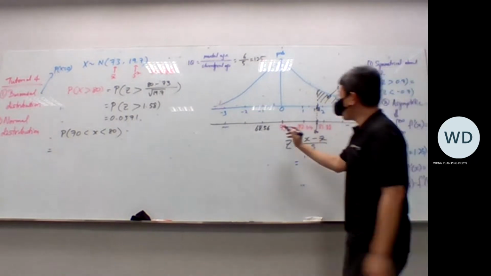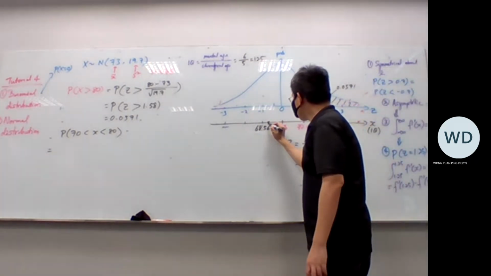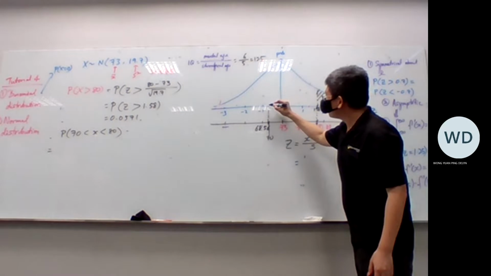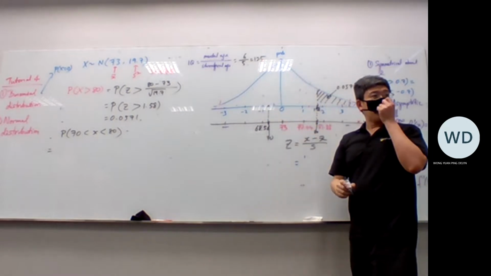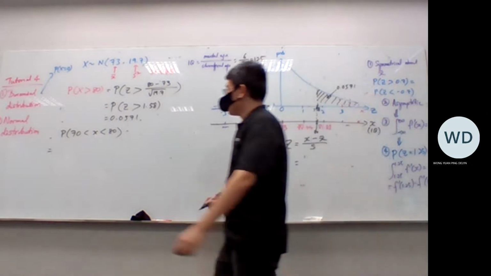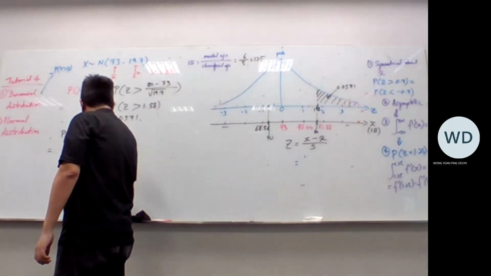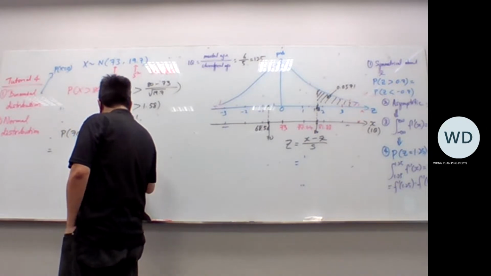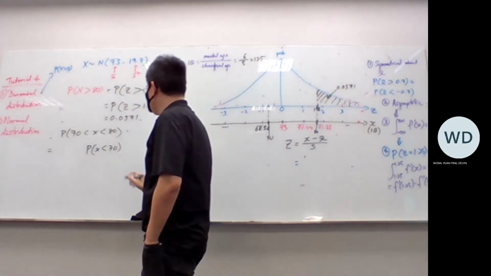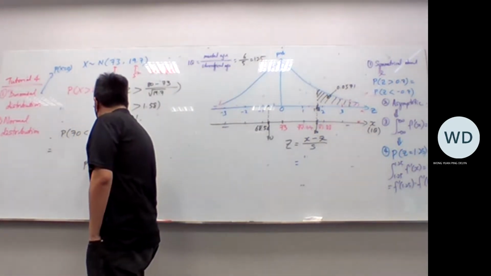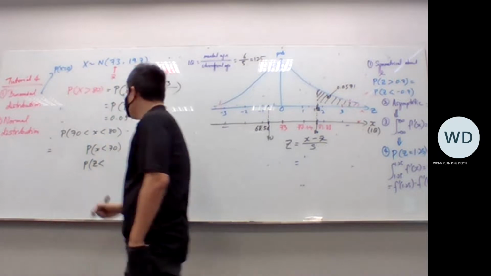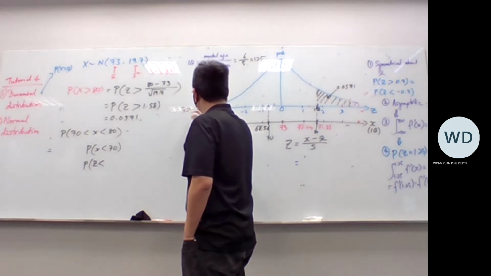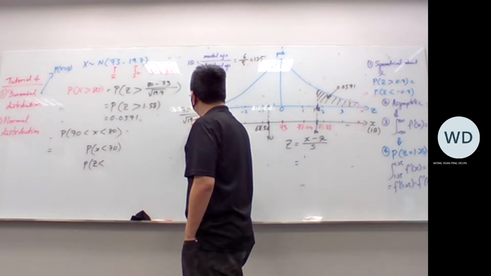We want from 70, which is somewhere here. We calculate the equivalent of this value. You take 70 minus 73 divided by the square root of 19.7. What do you get?